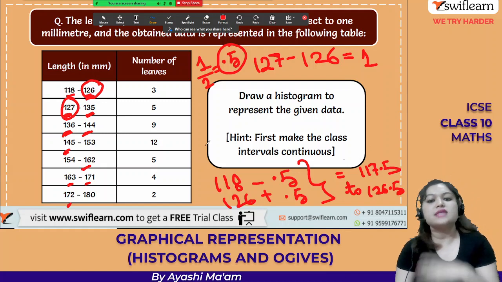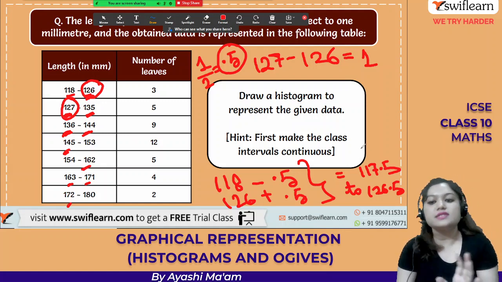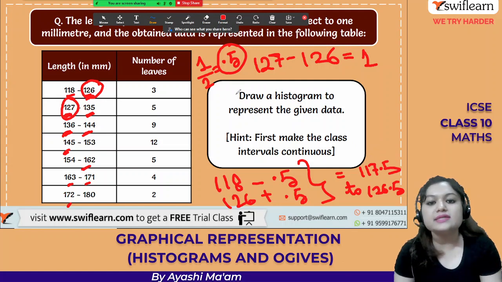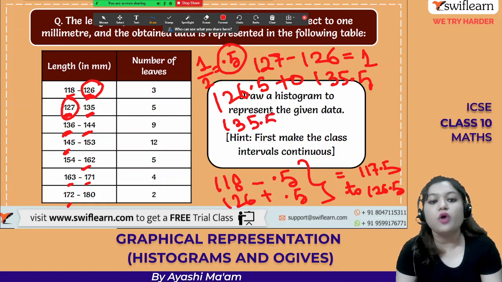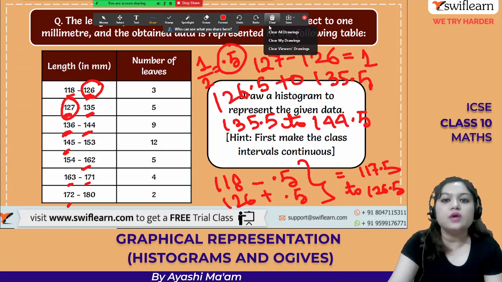This is how you can form the class intervals, and now this will become continuous. How? For the next one, 127 minus 0.5 means the next one will be again 126.5 to 135.5, right? And the next one will again start from 136 minus 0.5, that means 135.5 to 144.5. So now it is becoming continuous, right?